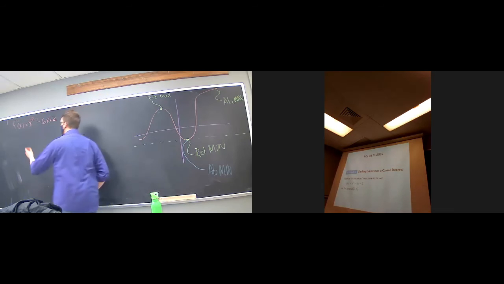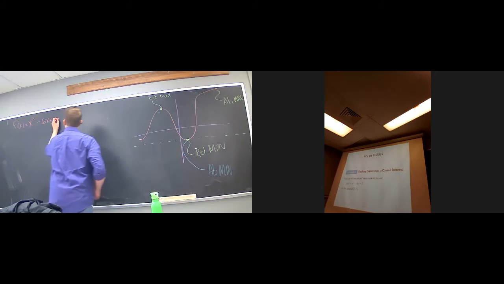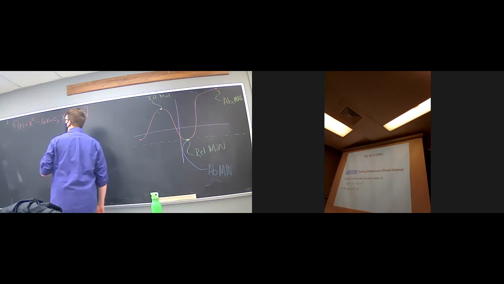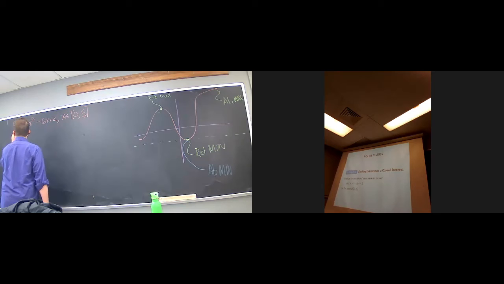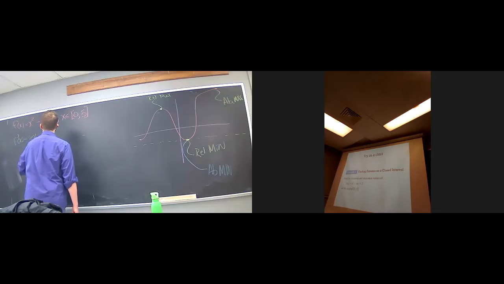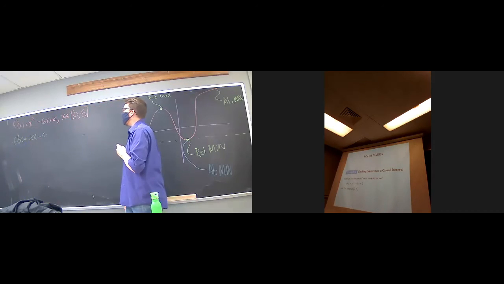Well, the derivative of this thing, oh, I forgot the interval. x is in the interval 0 to 5. So the derivative of this thing, f prime of x, is going to be 2x minus 6 and this is only going to be 0 whenever x is equal to 3, right?